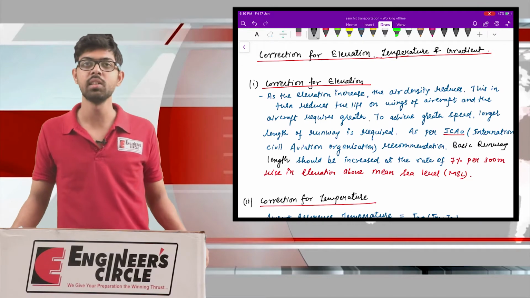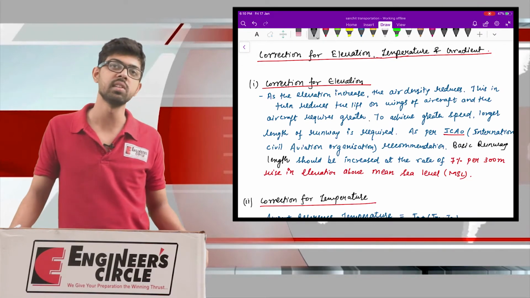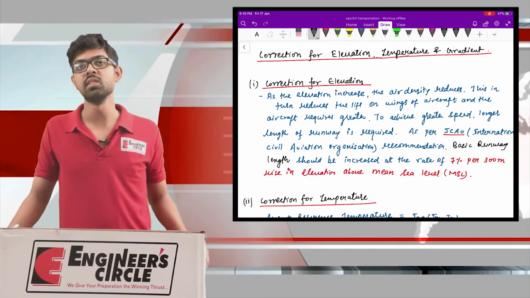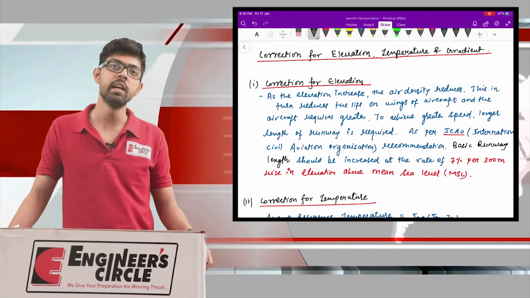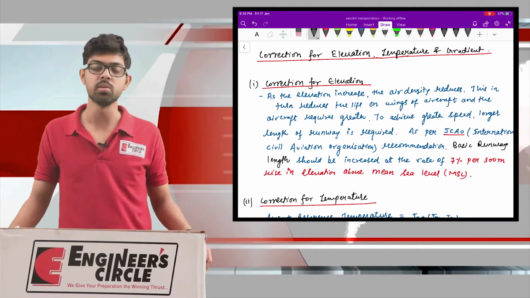Like in our Rajasthan, during the summer the temperature can rise to above 50 degrees centigrade, while in Kashmir and in northern areas, the Himalaya region, during the winter season the temperature can go as low as minus 20 degrees centigrade. So there is a large variation in temperature.